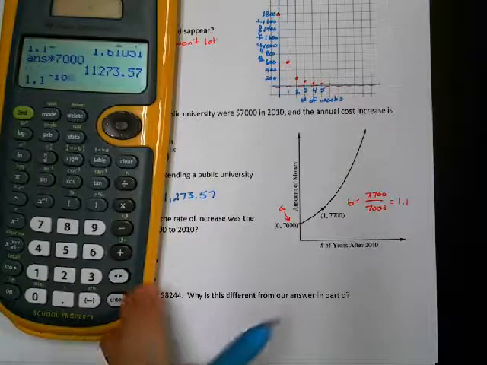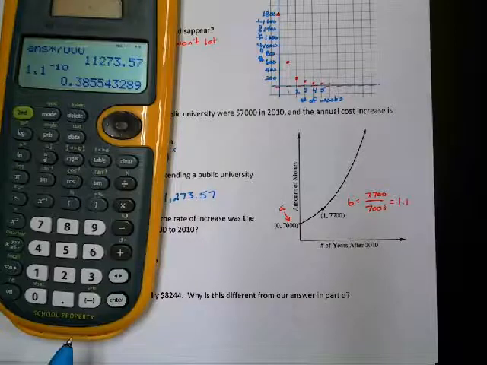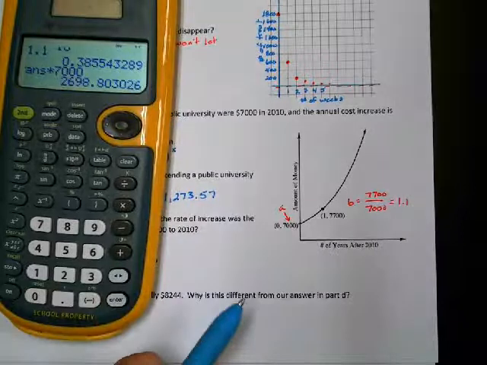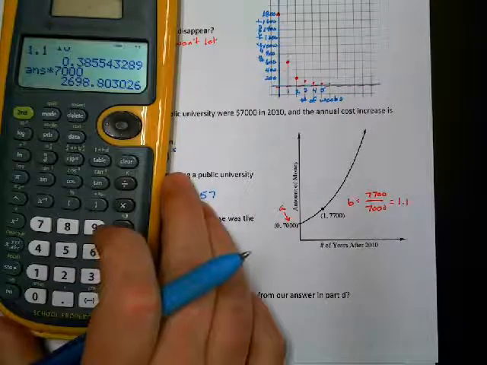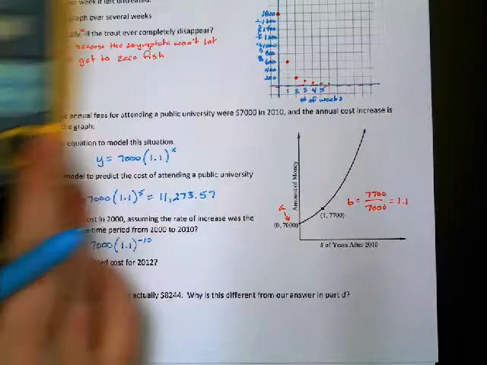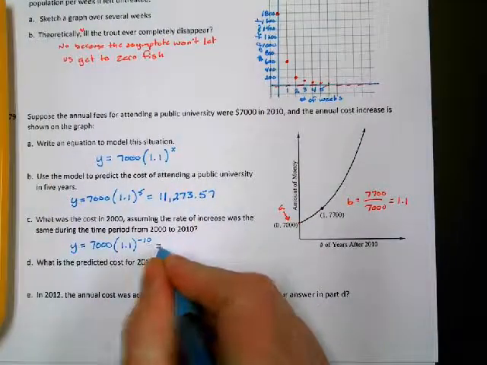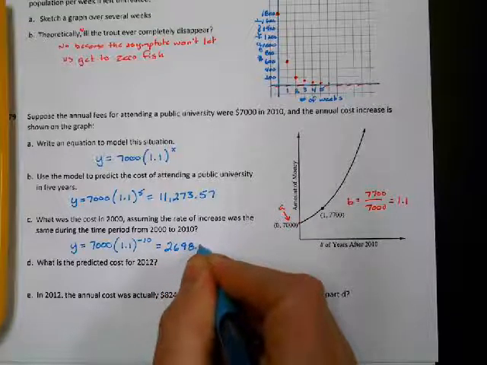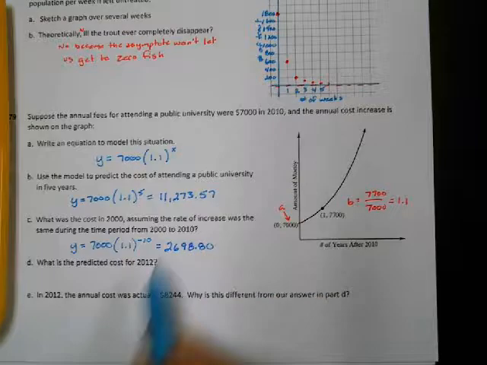I get that number, and then I multiply by 7,000. 2698.80, we're going to call it. So this is approximately 2698.80. So going backwards in time, we're going to use negative exponents.